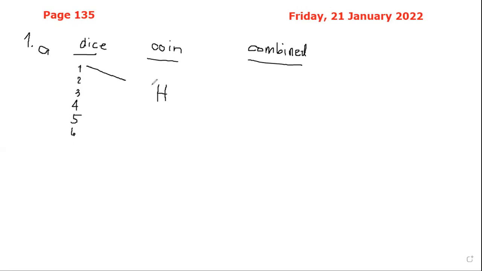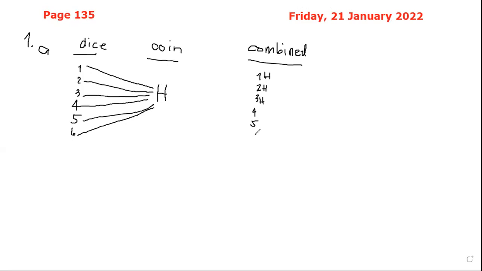So you have 1 and a head, 2 and a head. This is the tree diagram. 3, 4, 5, 6 and a head. If we get the combined outcomes: 1 and head, 2 and head, 3 and head, 4, 5, 6 and a head. Those are the independent events we mean. We multiply them together, meaning we combine.